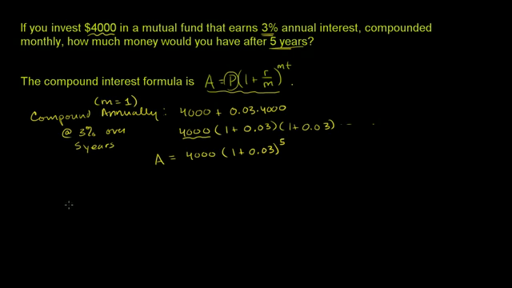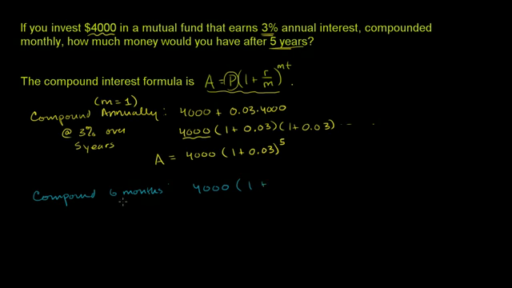Let's think about what happens if we compound every 6 months, because I really want you to get the intuition for this formula. Compound every 6 months, or you could say twice a year. So you start off with $4,000. After one 6-month period, how much are you going to have? Well, every 6 months, you're going to compound half of 3%.